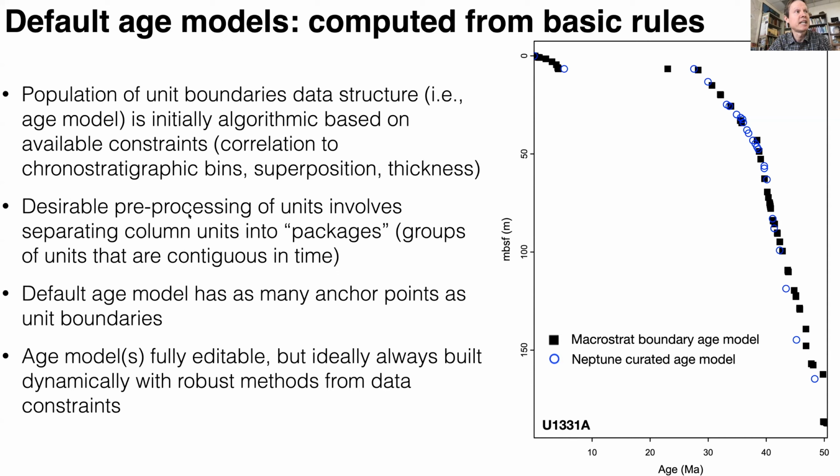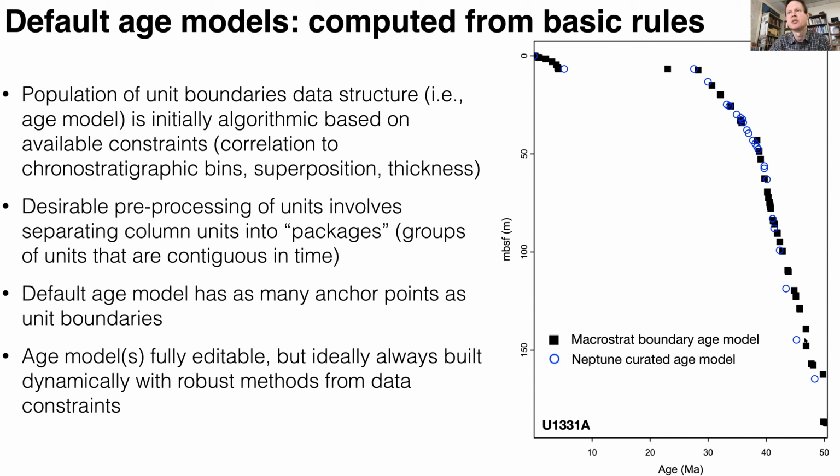There's a bunch of desirable pre-processing steps that you can do to improve the quality of your initial age model, such as separating column units into packages, groups of units that are contiguous, basically explicitly identifying unconformities, for example. The default age model that you generate has as many anchor points as unit boundaries in time.